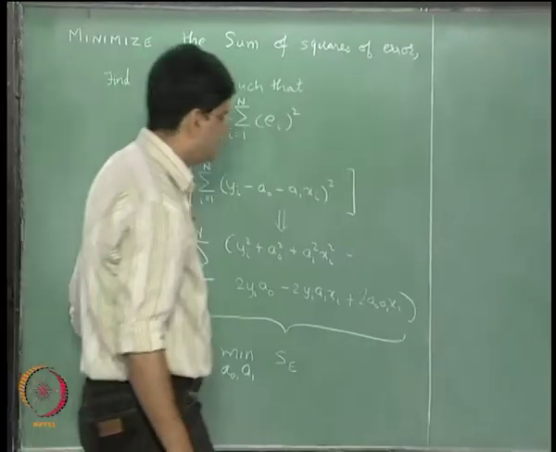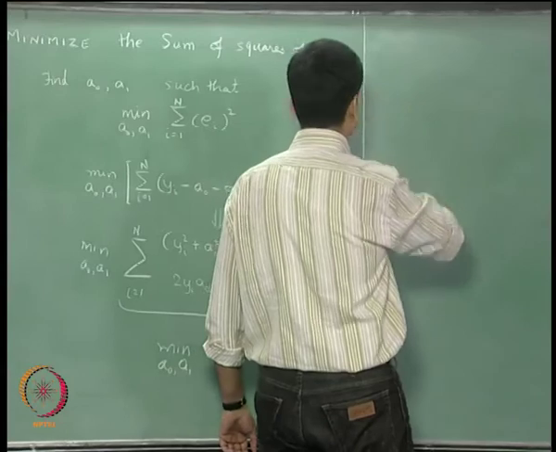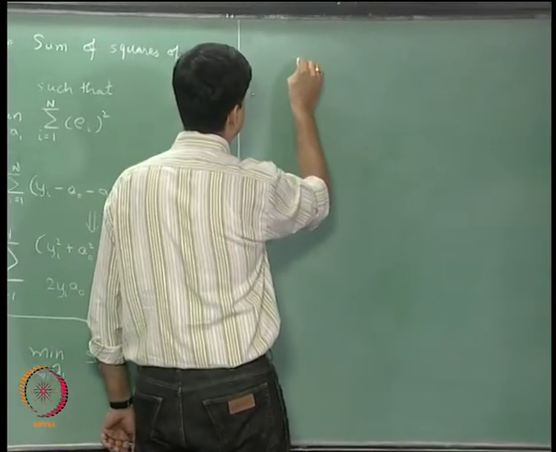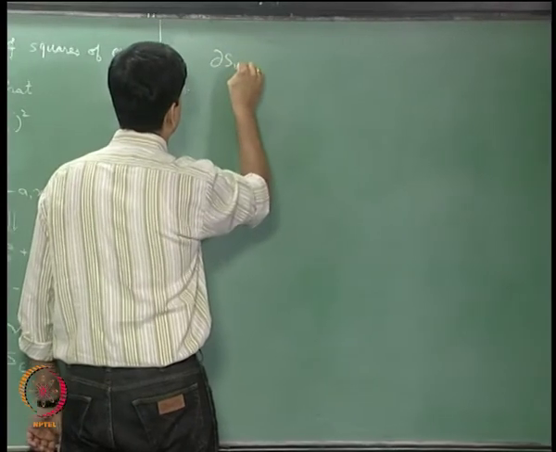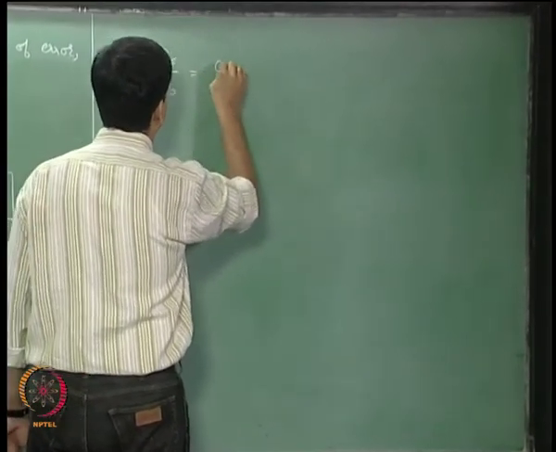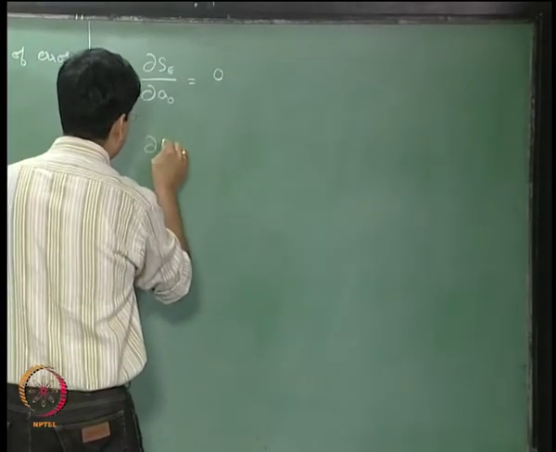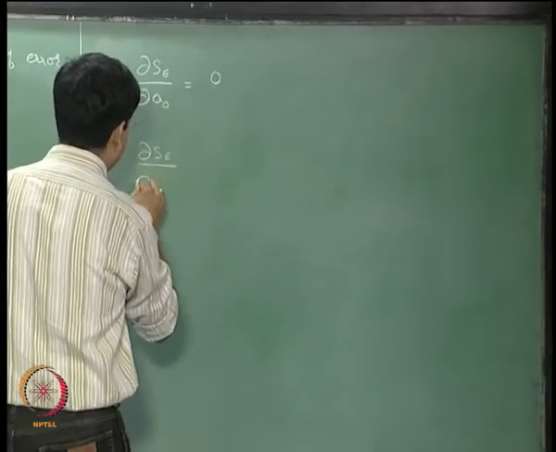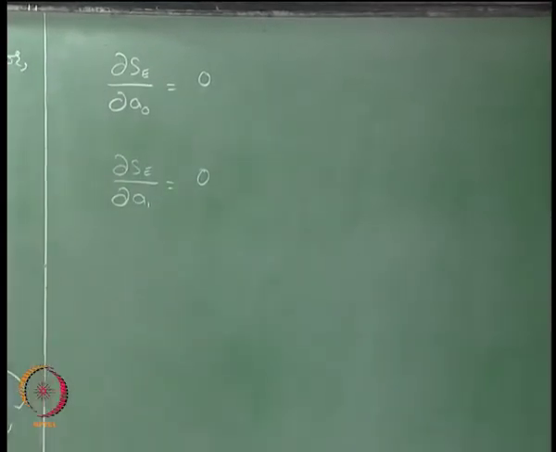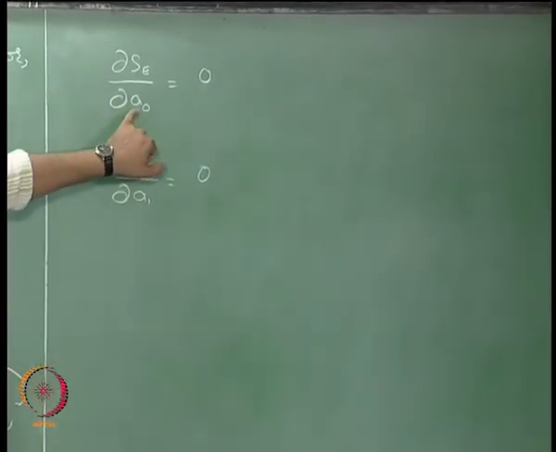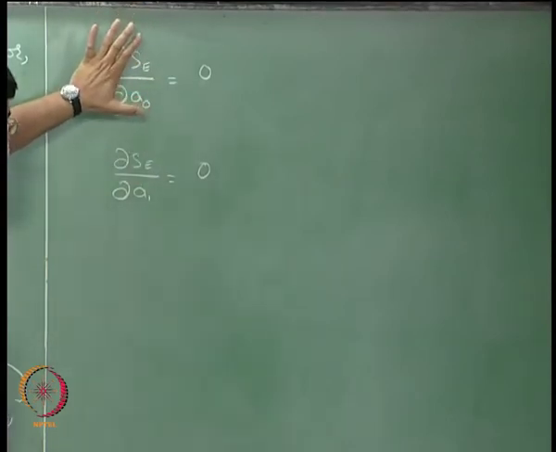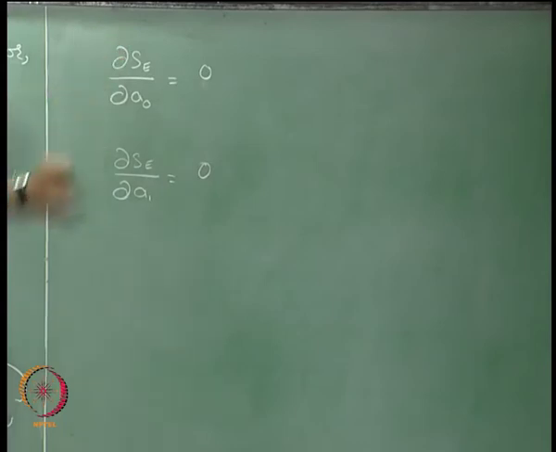As we just said, the way we are going to do this is to take partial differentiation of SE with respect to A0 and equate it to 0, and take a partial differentiation of SE with respect to A1 and equate it to 0. What we mean by partial differentiation with respect to A0 is that we hold A1 constant and differentiate the overall equation.